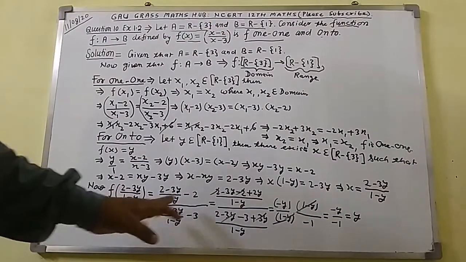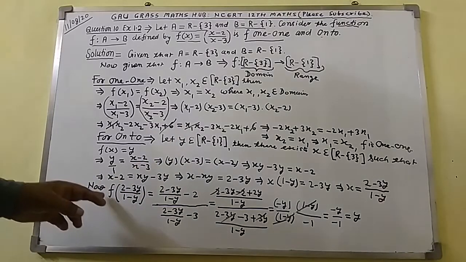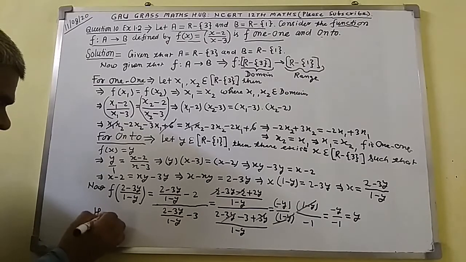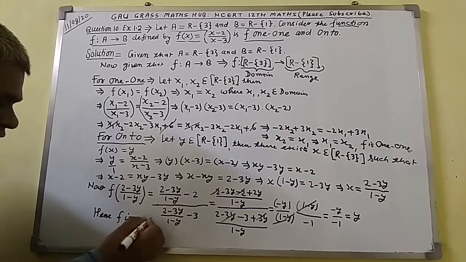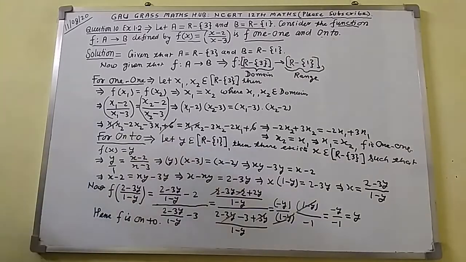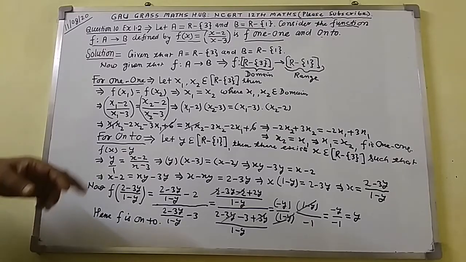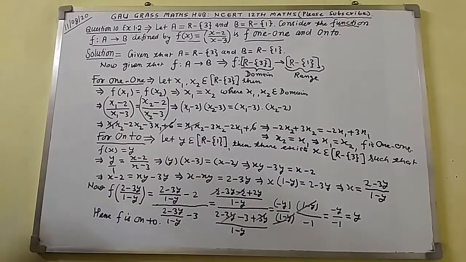So this type of operation I have performed here. I have got f(x) equal to y. Hence you can write here, f is onto. So here you have proved f is onto function.